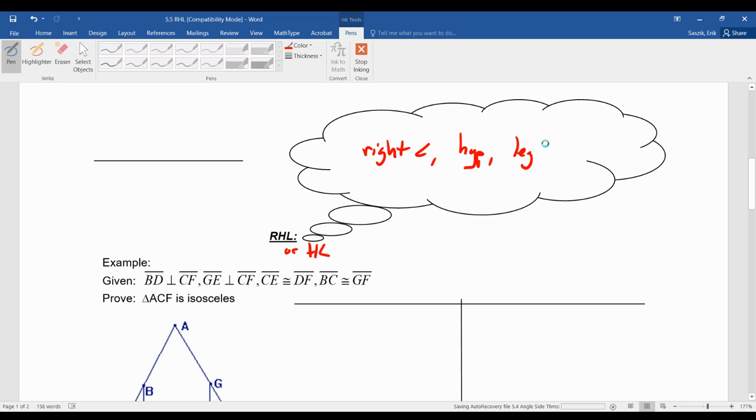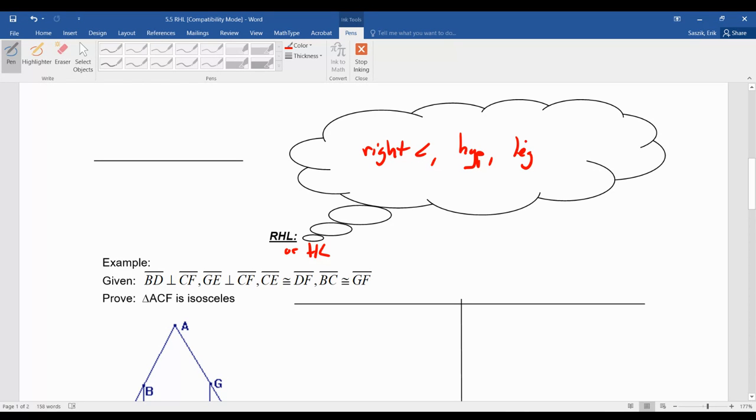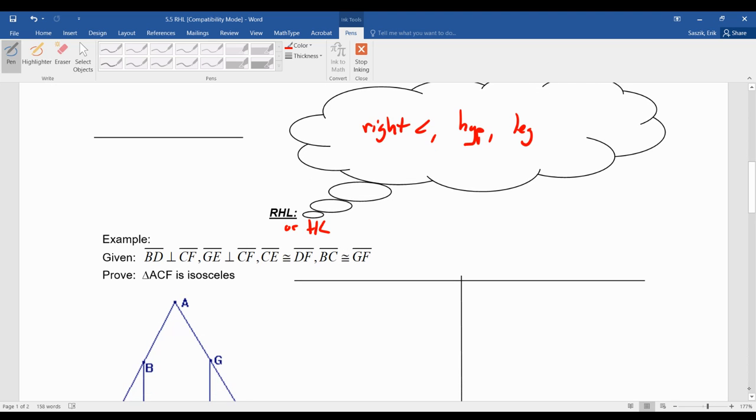Now, what this is, this thing might disappear for a second. Let's see if it does. Yep. It'll come back, I think. What this is, is SSA. Now, when we talked about that earlier in the year, SSA, we decided it's not true.